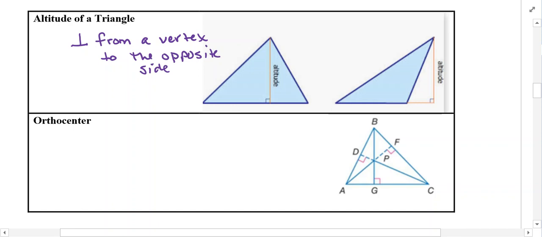The altitude can lie outside of the triangle. In the first picture, the altitude lies inside of the triangle. It goes from the vertex to the opposite side, perpendicular. It doesn't bisect it. Sometimes it will, but in most cases it doesn't. Sometimes we have to extend a side to find the altitude, which is going to lie outside of the triangle.